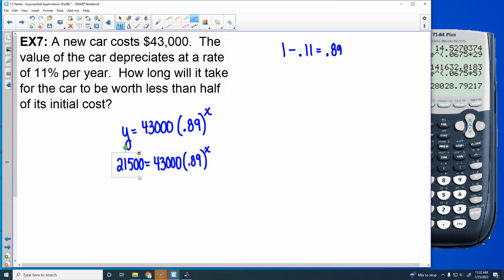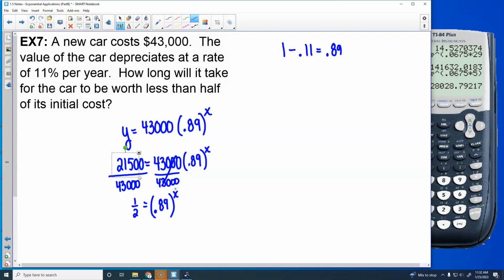Then we can solve this using the way we've learned to solve log equations. So we can divide by 43,000. That gives me 1/2 equals 0.89 to the x power.